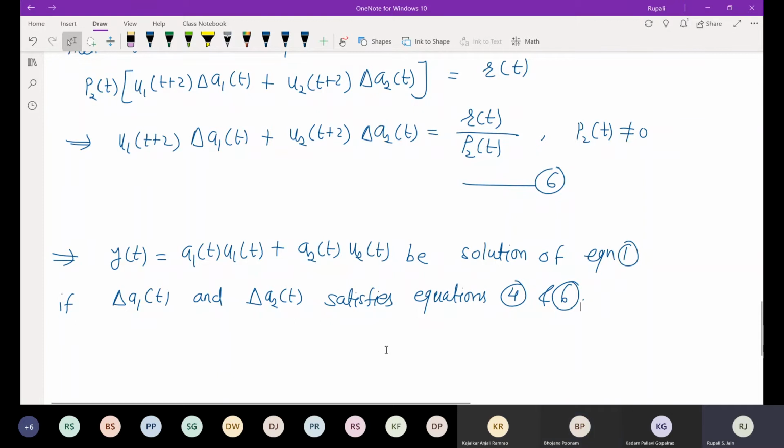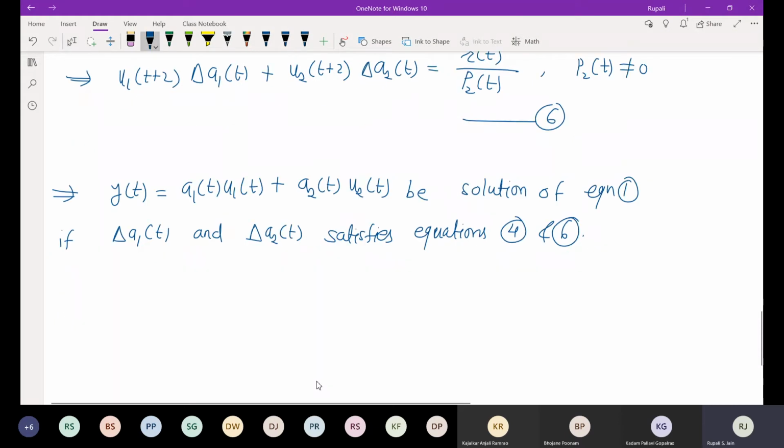Now these 4 and 6 are nothing but a system of two equations in two unknowns. So when will it have a solution?